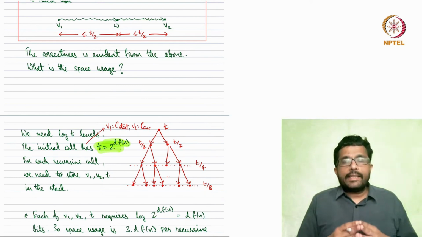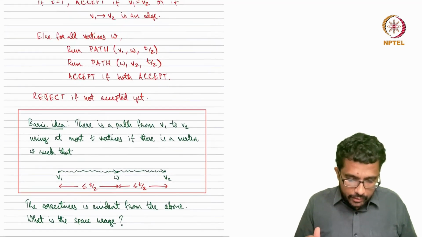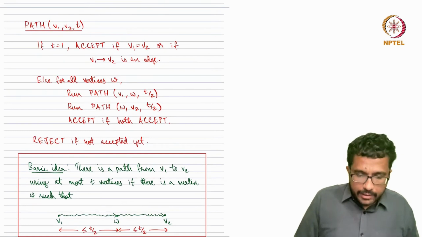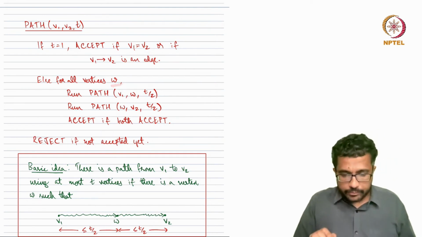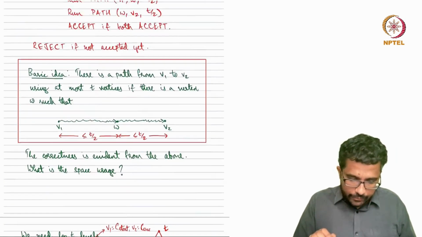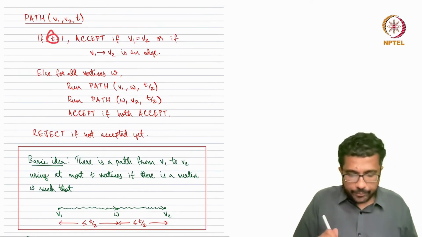So we need to look at the total space usage. Here in this case we have to store v1, v2, and a counter for w, and then we also need to store t.